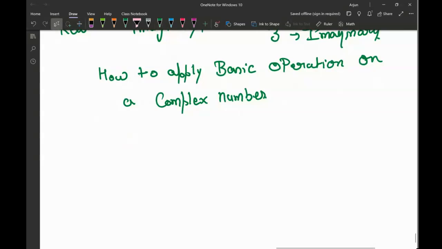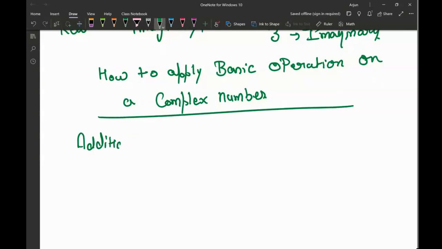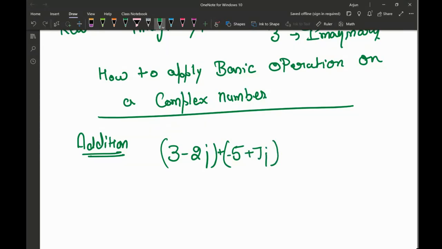If I wanted to apply addition on complex numbers, for example, I'm given 3 minus 2j, and the other number given to me is minus 5 plus 7j. I wanted to add these two numbers.